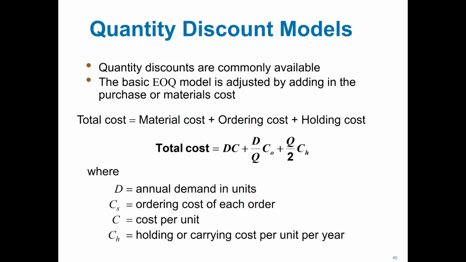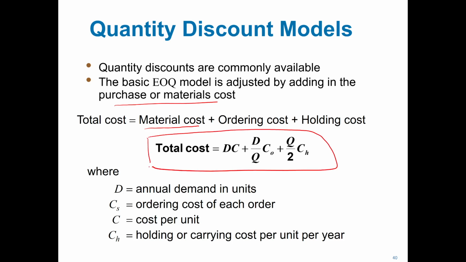The basic EOQ model is adjusted by adding the purchase or material cost. Before that, in the EOQ model, the only relevant variable costs were ordering cost and holding cost. But now the material cost is no more constant, because we are getting discounts for ordering more. So we will now have to take into account all these costs.